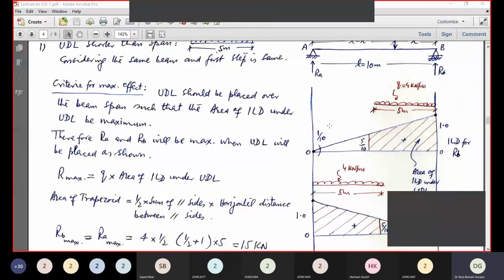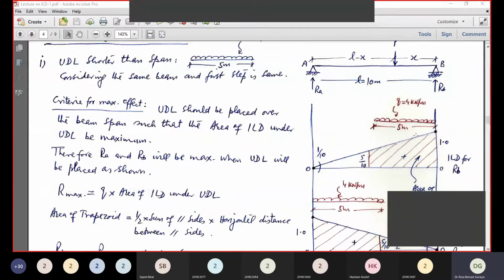Let it be for RB first. Now, if we place the UDL here, the area of ILD under UDL will be max. इसकी किसी भी और पोजीशन के लिए, क्योंकि मूविंग है, area of ILD under the UDL will not be maximum. Now, how we can compute the value of that reaction? That is the intensity of the UDL into area of ILD under UDL.